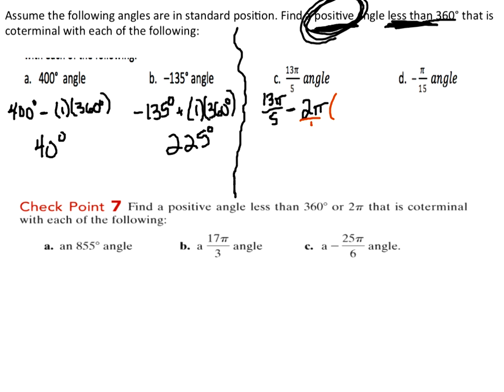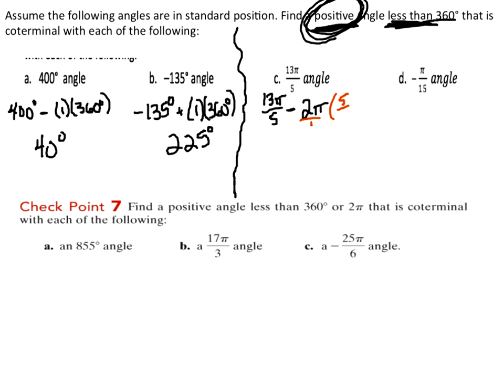Okay, so a little bit about fractions. You have to have a common denominator to subtract or add fractions. The only way to create that common denominator is through multiplication, and the only thing that's legal to multiply by and not fundamentally change something is 1.